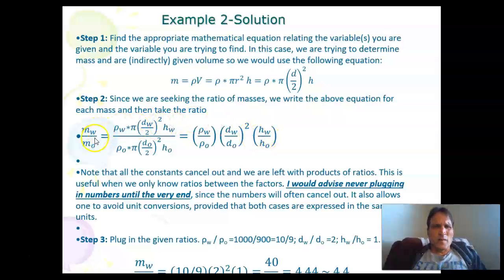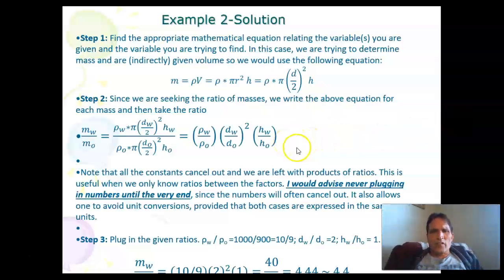And so the mass of the water divided by the mass of the oil is equal to the ratio of the densities times the square of the ratio of the diameters times the ratio of the heights. You don't have to do it like this, but it makes it easier, at least I think it does, when we plug in the individual ratios. Okay, so don't plug in numbers yet.